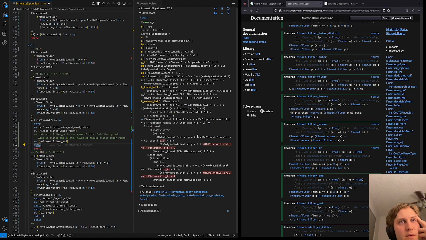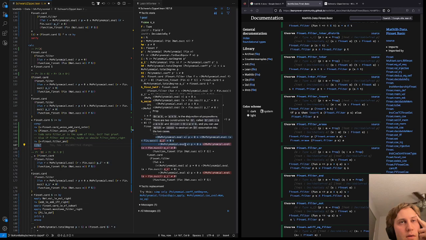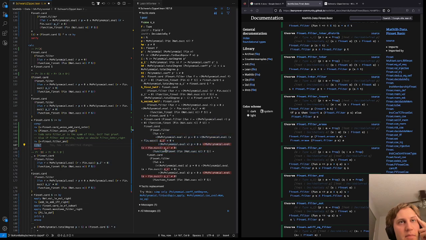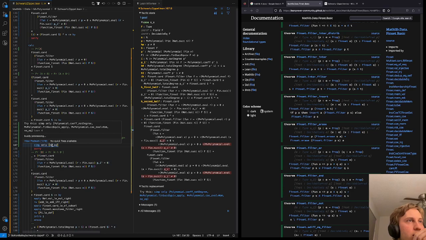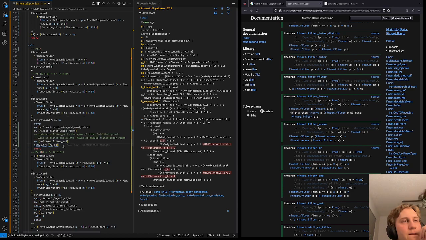P equals 0, and this P sub I prime equals 0. Or P equals 0, and P sub I prime is not equal to 0. Like, not E. So I should simplify that.